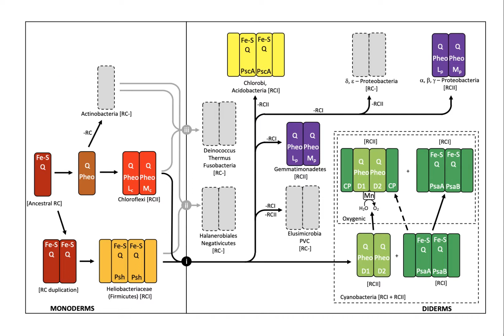So the major groups appear to have been formed from a single endosymbiotic event between a member of the Chloroflexi group and a member of the Heliobacteriaceae within the Firmicutes. And so now you have both photosystems present, and if you go straight over, this becomes then the cyanobacteria type.